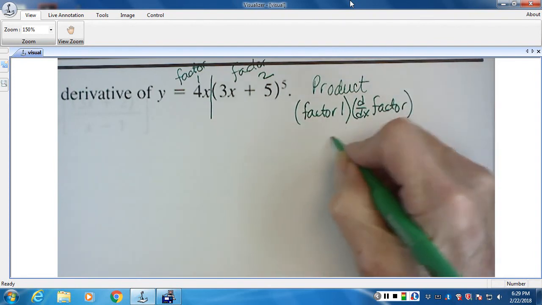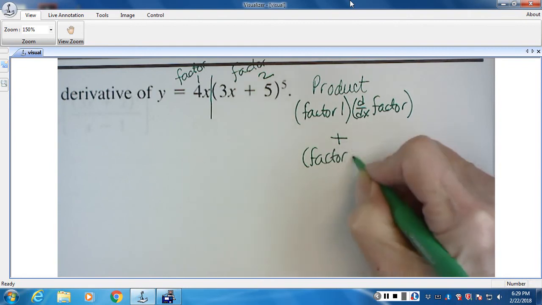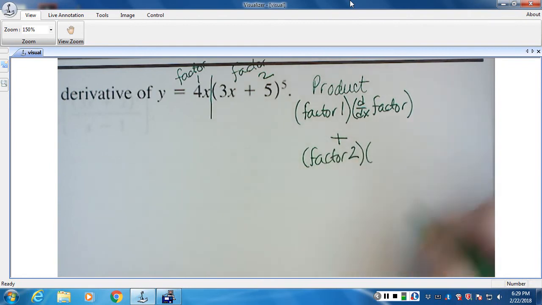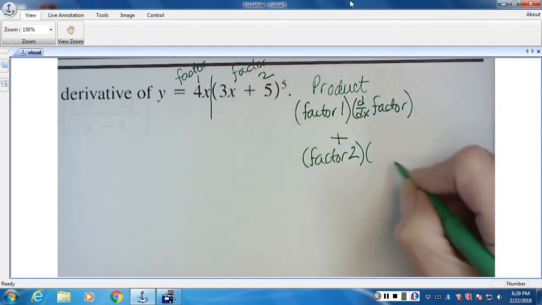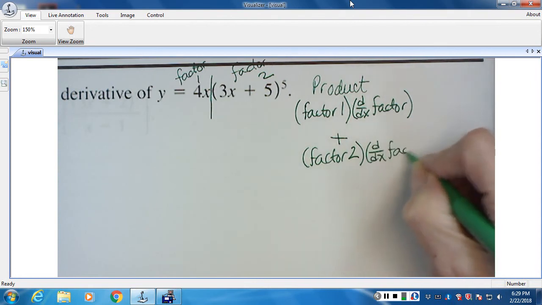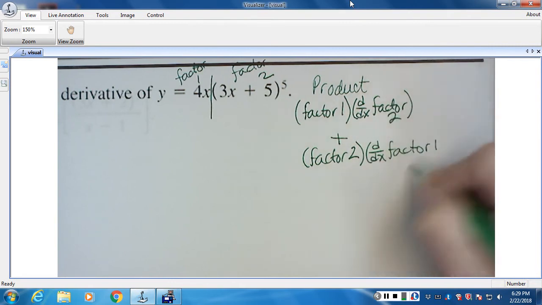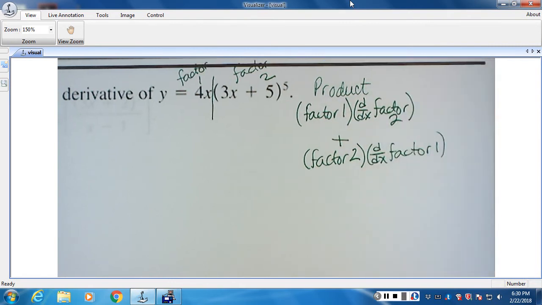And then we add it to the second factor, multiplied by the derivative of the first factor. So this is factor 2 and this is factor 1. Basically, we take derivatives of both factors and then we swap their derivatives between them and add them together.